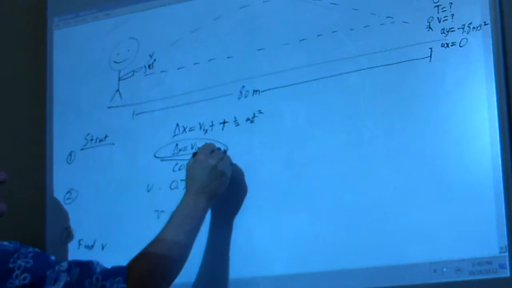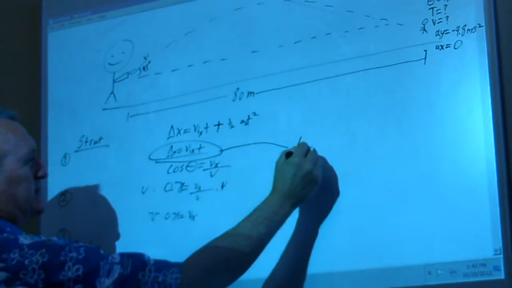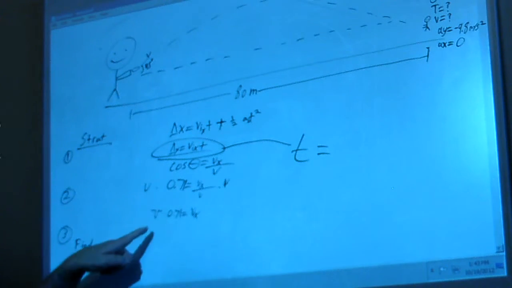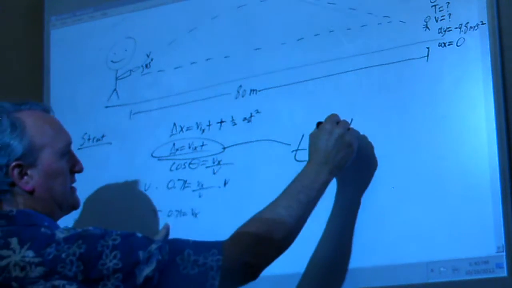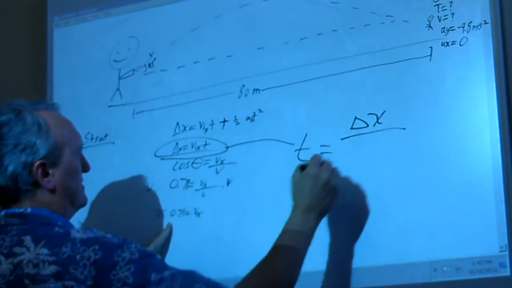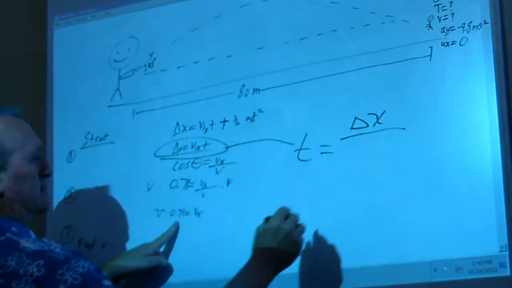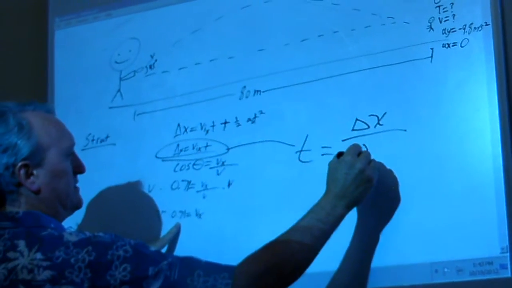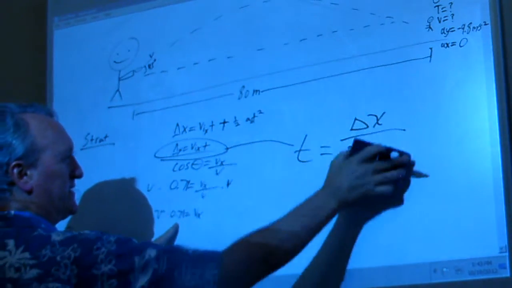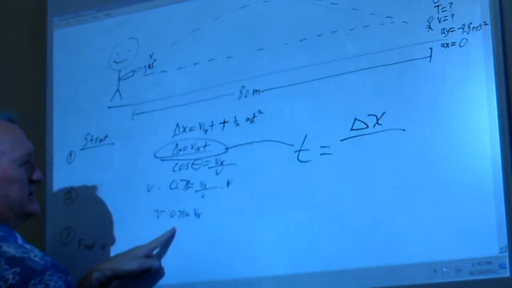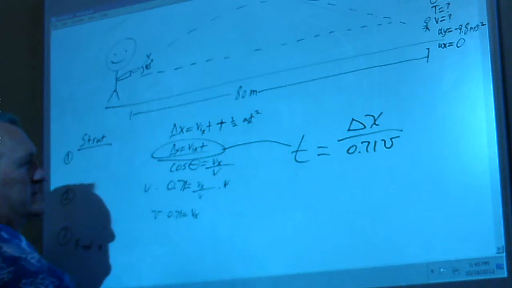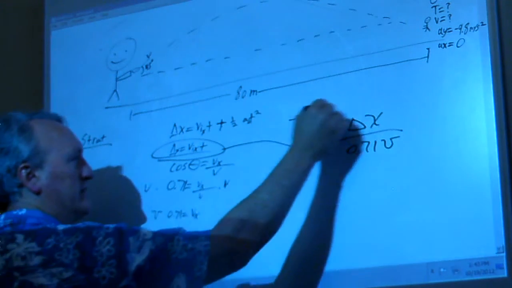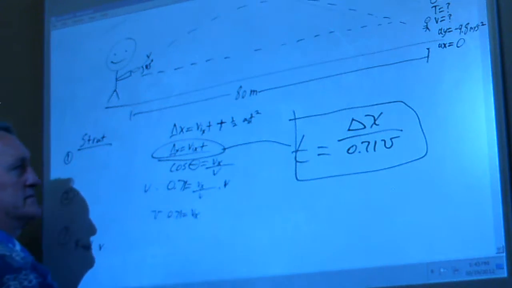We took this and we said now t is equal to delta x over Vx, well, 0.71 V. So now we have an expression for t.